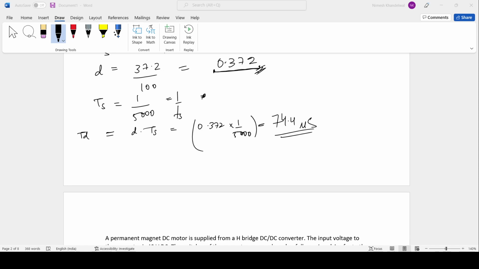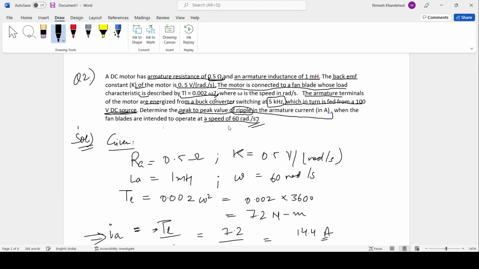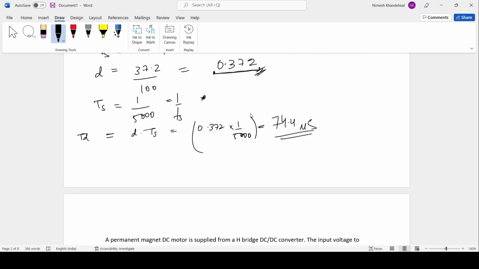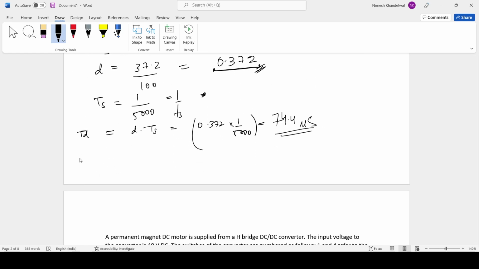And now what I actually want in this problem is the peak to peak value of the ripple current, basically ripple in the armature current. And how is the ripple in the armature current given?